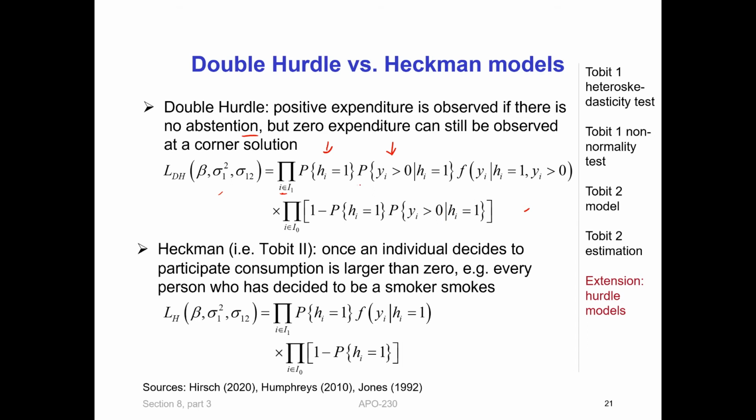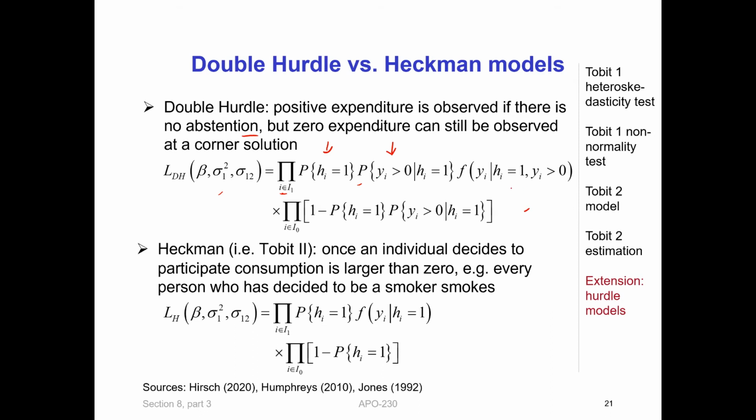The reason there is this probability is that there is also a probability that y_i equals 0 even when h_i equals 1, right? So I decide to smoke, but okay, now the price is too high, my income is too low, so I don't smoke. But if I earn a bit more in the future, or the price is lower, then I will smoke, and then y_i will be larger than 0. So there is a probability for both cases.